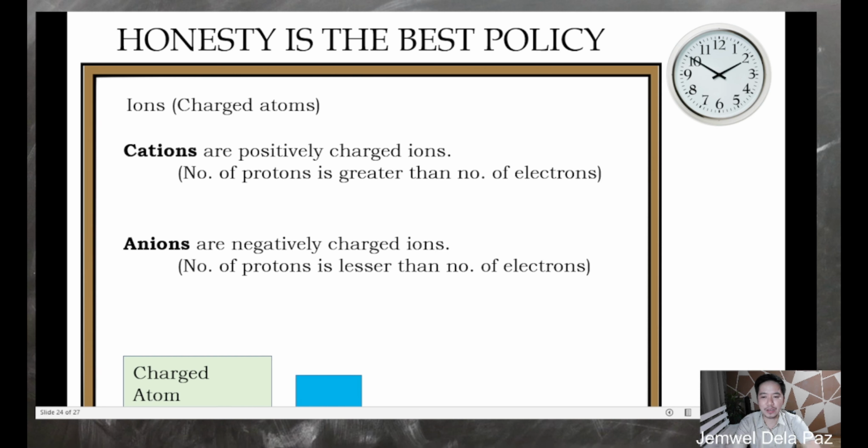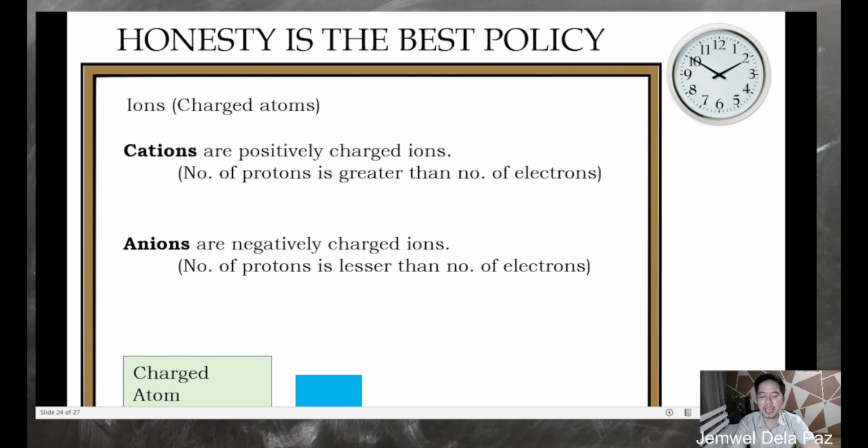The first one is the cation, and cations are positively charged ions. It became a cation because it released, donated, gave off a certain number of electrons. So therefore, we can say that the number of protons is greater than the number of electrons.